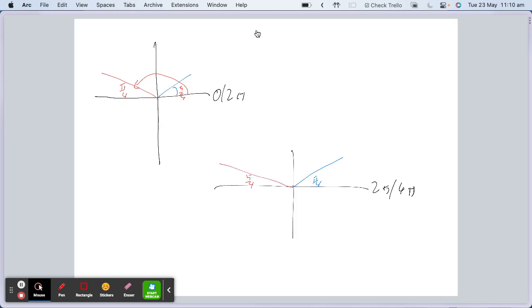But the overall angle will be 2 pi, which is 8 pi on 4, plus another pi on 4. That's 9 pi on 4.